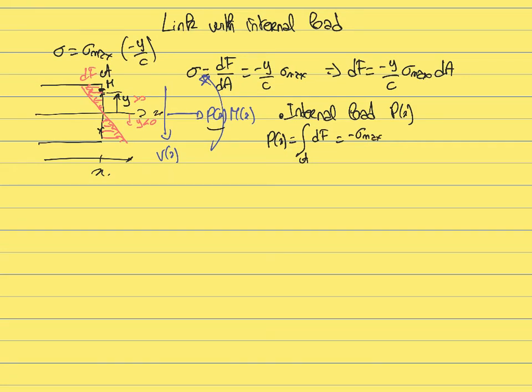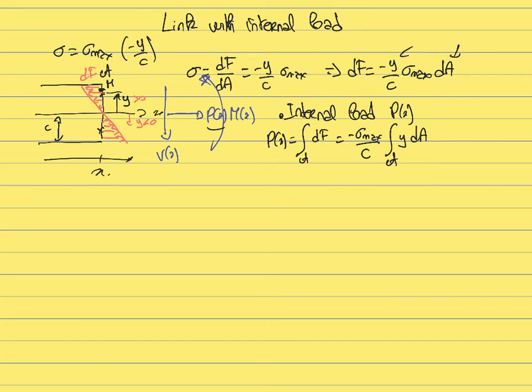And then you have C, which is the distance between the bottom of the beam and the x-axis. It's also something that does not depend on the position of the point M, so I can take it out of the integral. And then what I have to do is just take the integral over the cross section of y times dA, which is the remaining part of dF that I cannot take out of the integral.